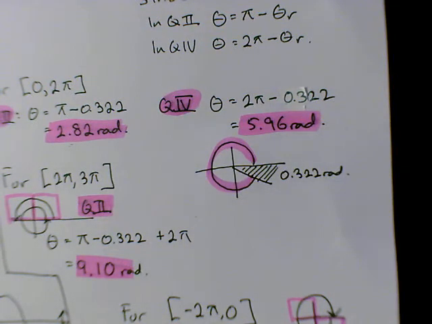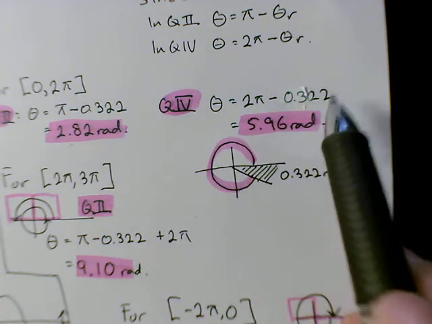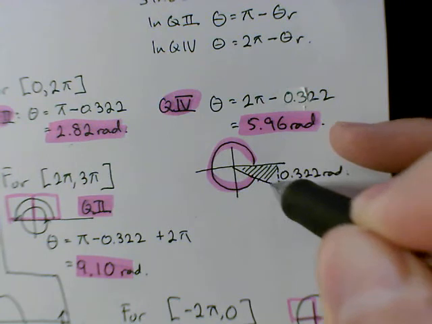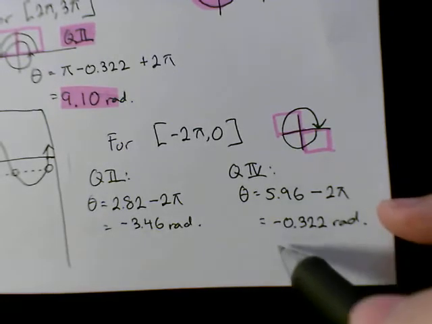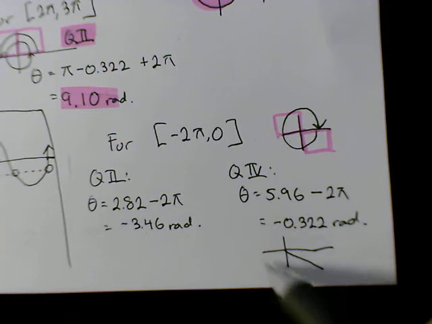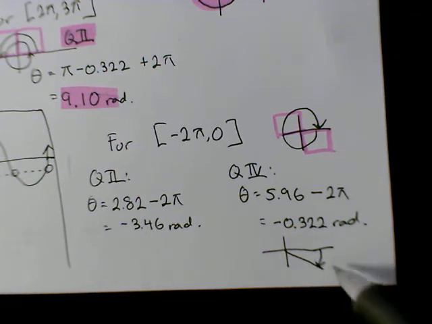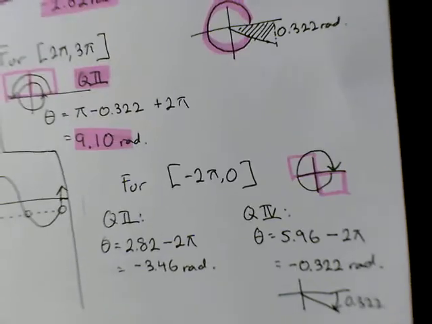Right? Because look, 2 pi minus 0.322. So if I make a triangle here, that triangle that I have right there is actually exactly the same as the one I have here, except instead of going in the positive direction, I went in the negative direction by 0.322. It's the same triangle.